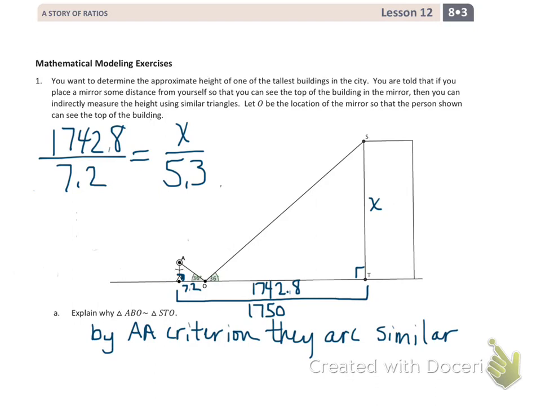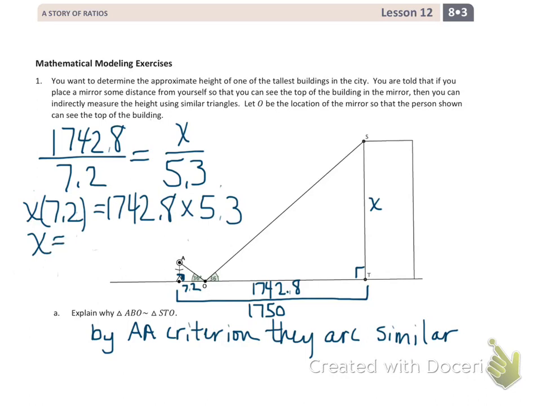Notice that this is going to lead to the exact same equation when I do the cross products. I'm going to get x times 7.2 is equal to 1,742.8 times 5.3. So x would be all of that divided by 7.2.